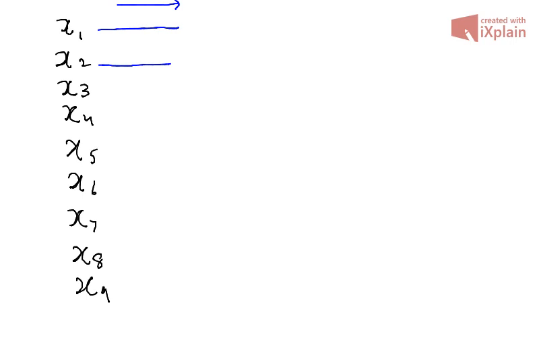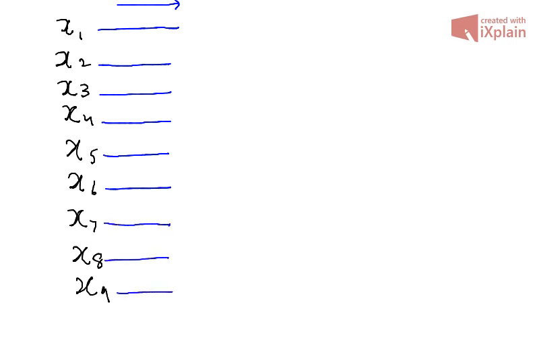Let me draw these lines, and I would write the probability of each of these letters over this line. So x1 probability is 0.2.